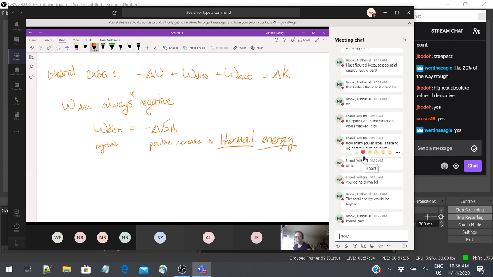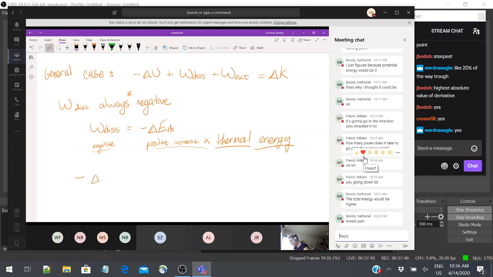So friction did negative work. It took energy out of our system. Where did that go? It went into thermal energy. Okay, so I can put that into my equation. Negative delta U minus delta E thermal plus external work equals delta K.